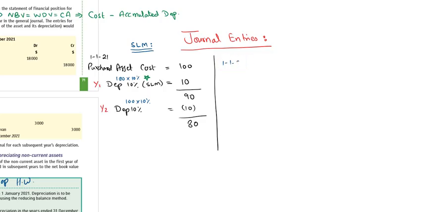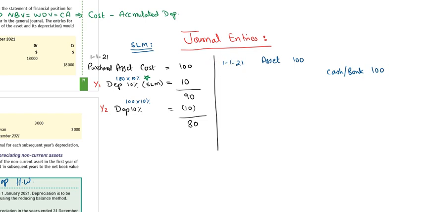On 1st Jan 2021, when we purchase the asset, assume that we purchase the asset using cash. So the entry will be asset debit. Asset may be a machine, a building, a plant, or land. Asset can be anything. So the asset will be debited by 100 and cash or bank credited by 100. So this is the entry of 1st Jan 2021.